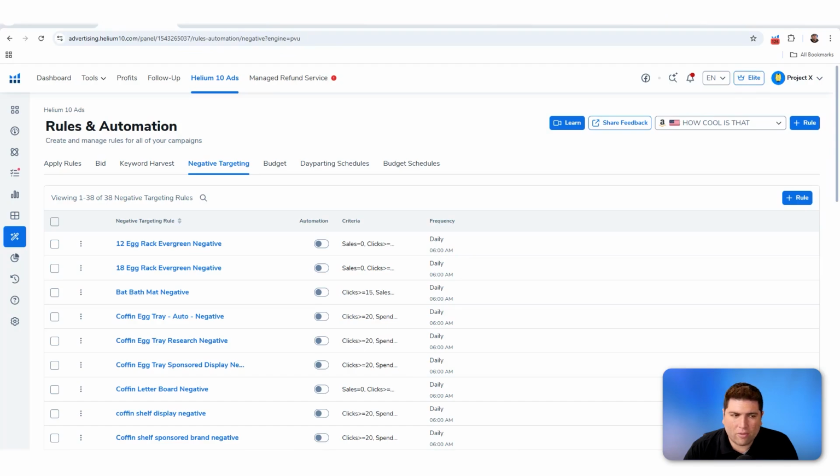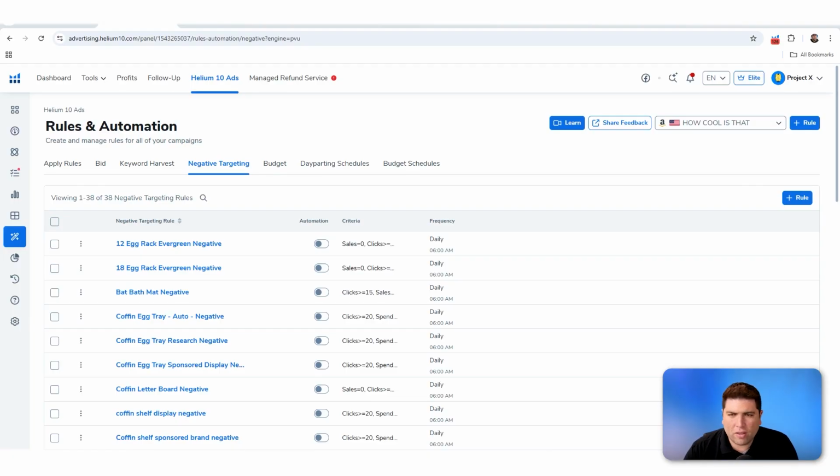But as you scale out, it just exponentially gets a little bit more difficult to optimize because now you're downloading a lot of spreadsheets, or you're having to go into a million tabs in Seller Central to go to all of your different products, and then you've got to run pivot tables, and know how to do VLOOKUPs and all this stuff.